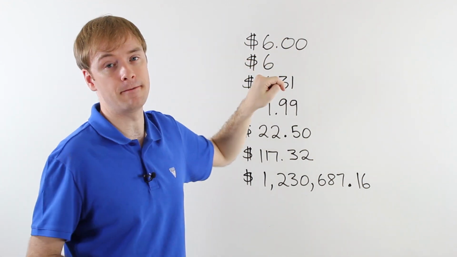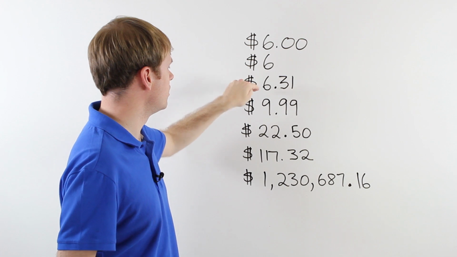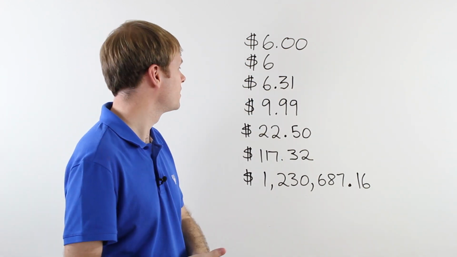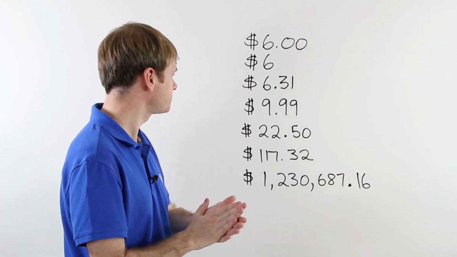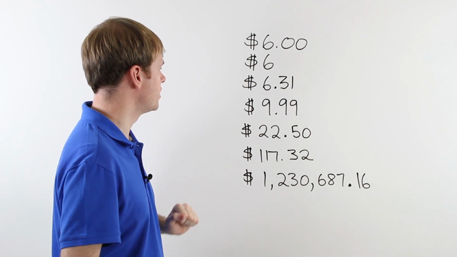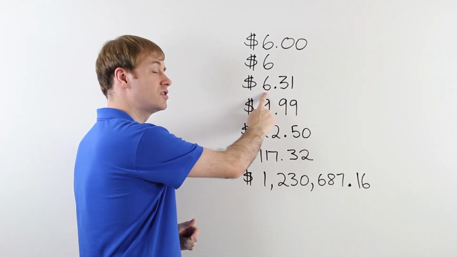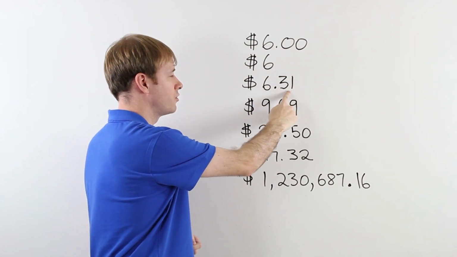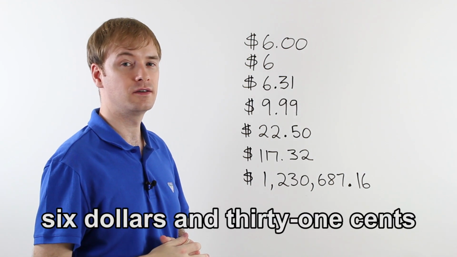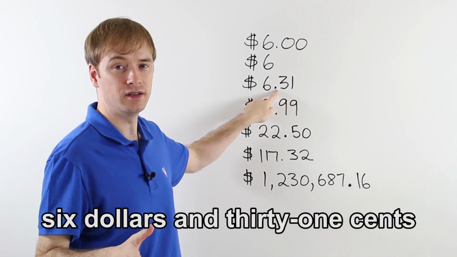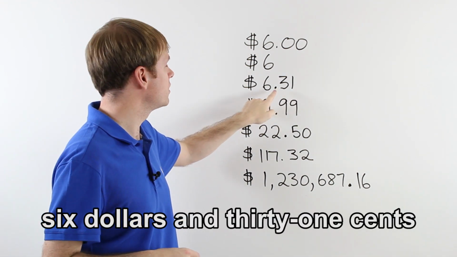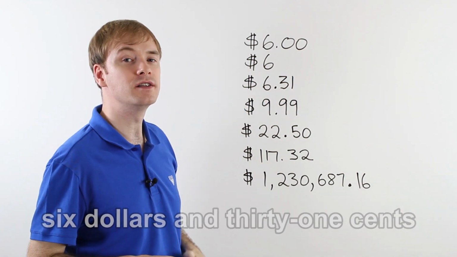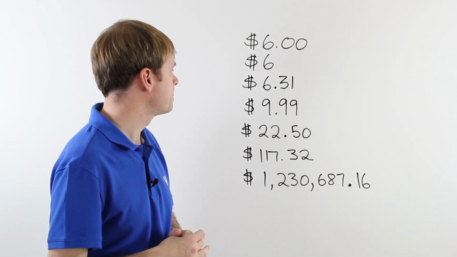It means the same. Now we have cents. Now it gets difficult. Listen carefully. I'm going to read this number as $6 and 31 cents. Don't say point, don't say dot. We're going to use and. $6 and 31 cents.